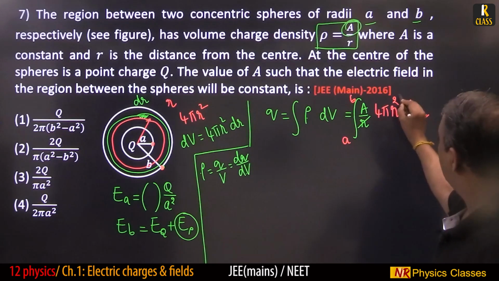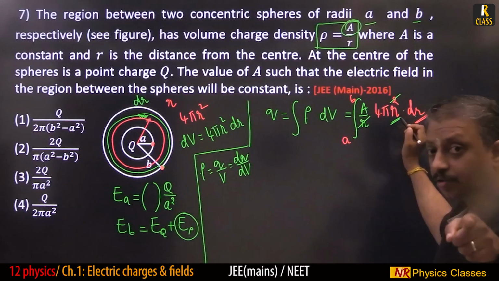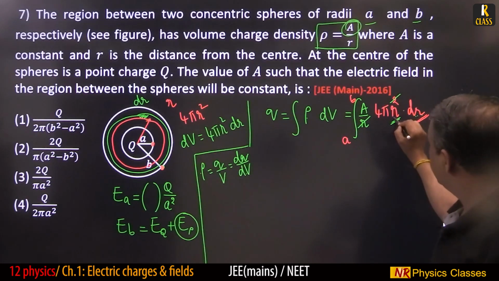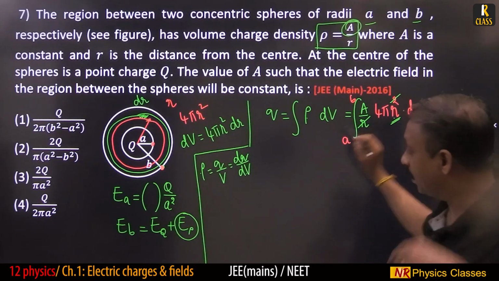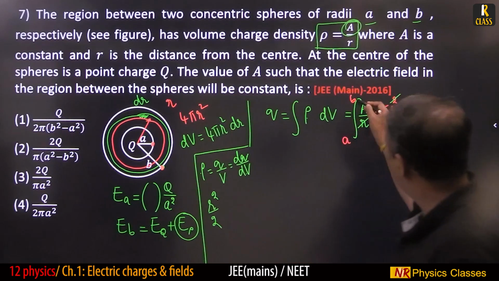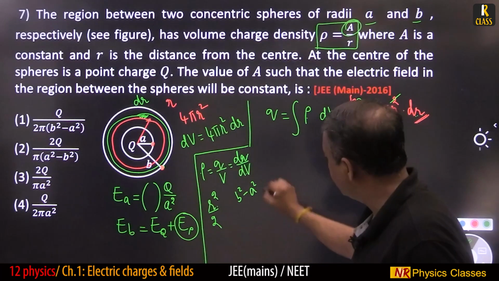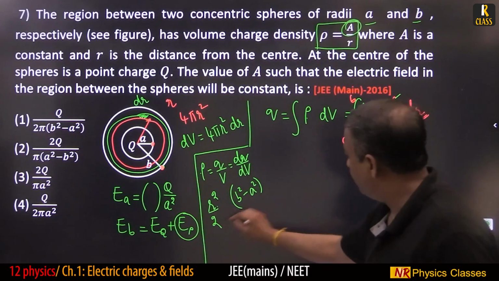There is only one term r, and we have to integrate with respect to r. Integration of r is r square by 2. Giving upper limit b, it is b square minus lower limit a square, by 2.